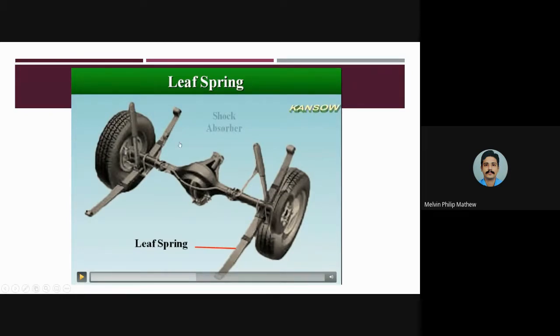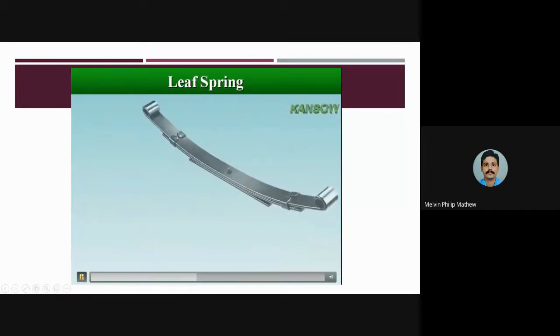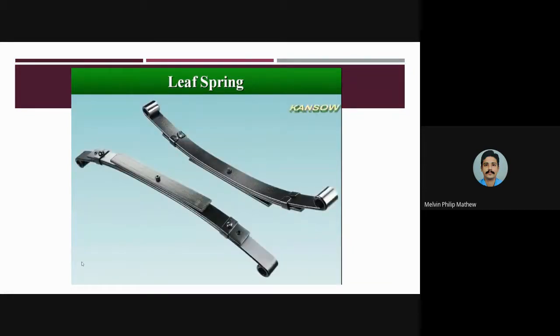It will be mounted in this way, and this will be the differential, and the leaf spring will be mounted on either side of the rear wheels or the rear axle, longitudinally.